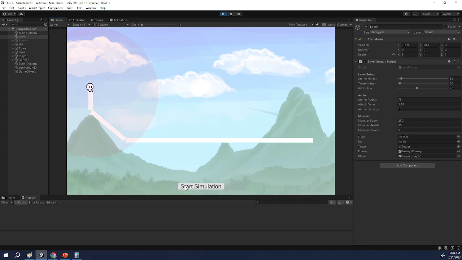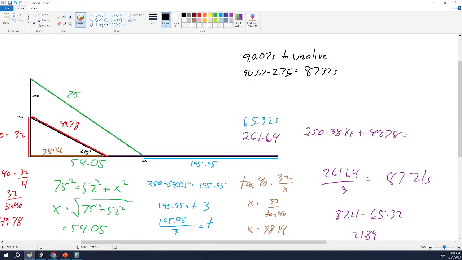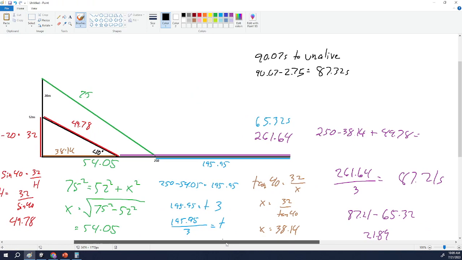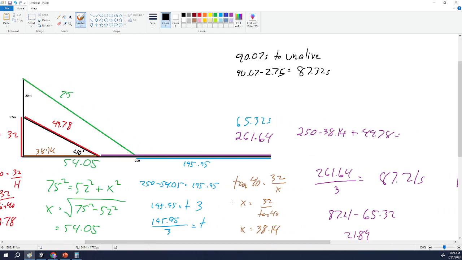So if I play this, we have our monster slowly getting in range of our archer. And we said that it will take him 65.32 seconds to reach the range of the tower, of the archer. So we're gonna wait for that. Unless you guys want to skip, we can skip it also.